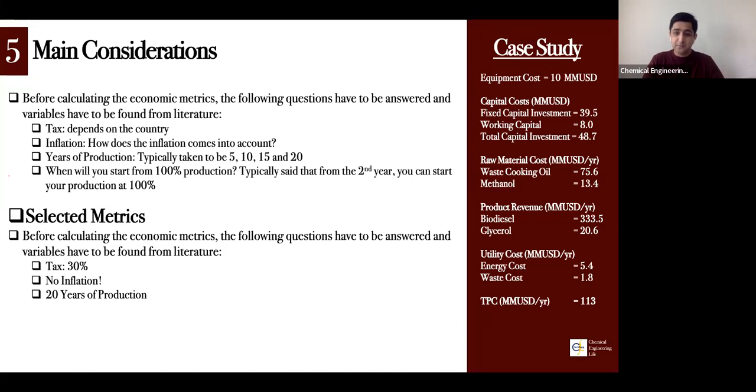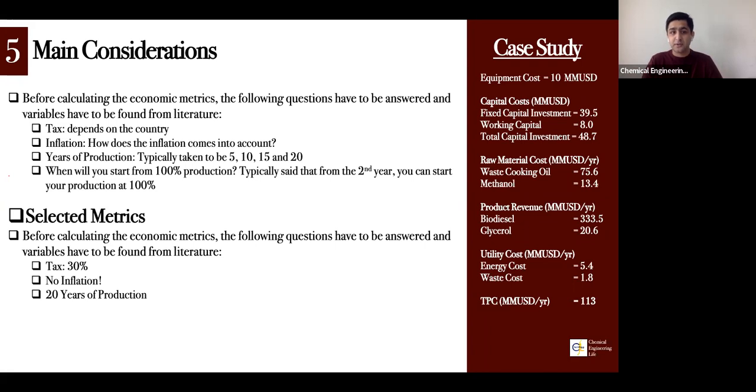For the purpose of this study, I have taken inflation to be 0. So we assume that we will not be affected by inflation. Everything that costs something today will cost the same in 20 years. But if you do want to take inflation into account, the problem is that it is very difficult to see how inflation will increase in the next 5 years, the next 10 years.